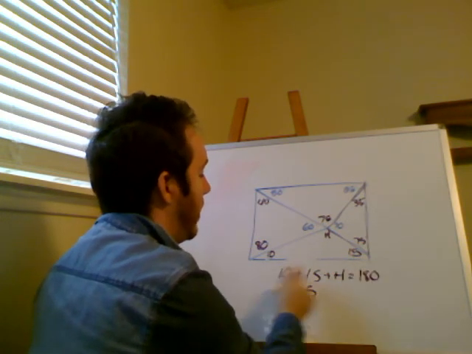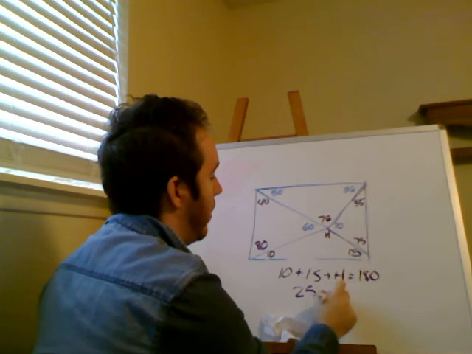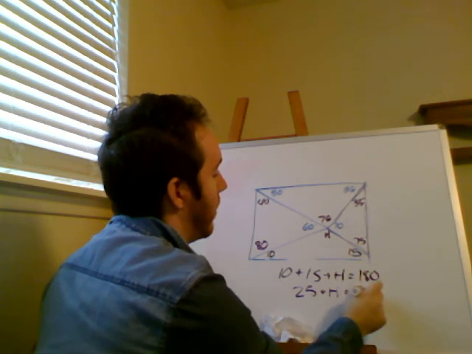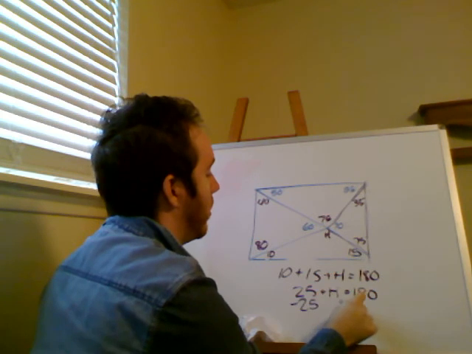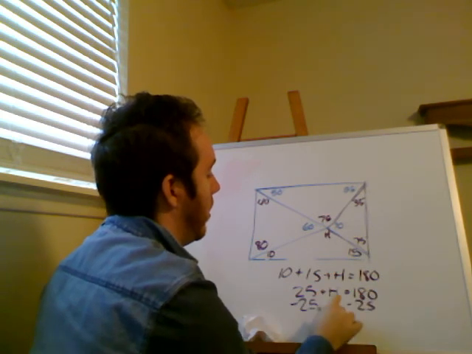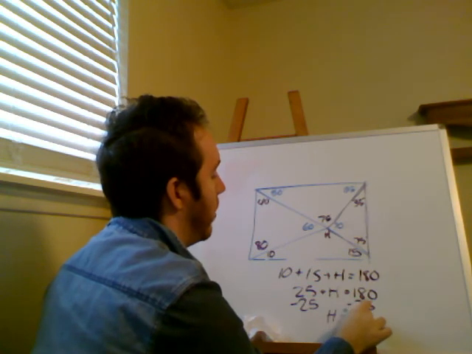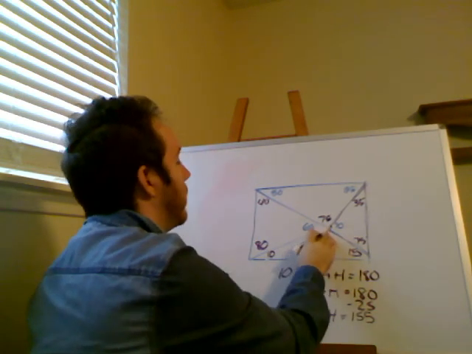Combine my 10 and my 15 to make 25, plus h is 180. So we subtract the 25. We have h equals 155, which is the final value.